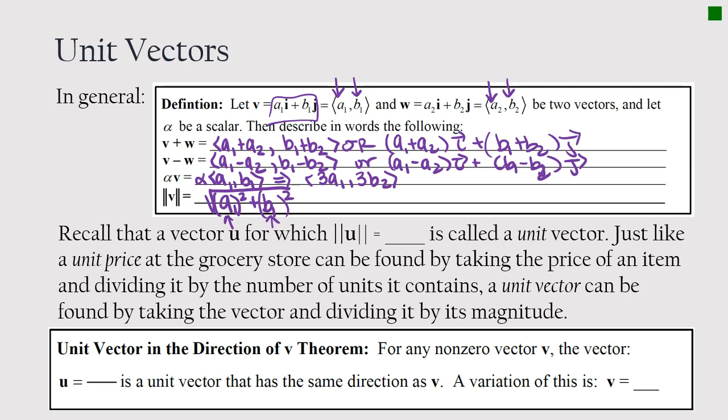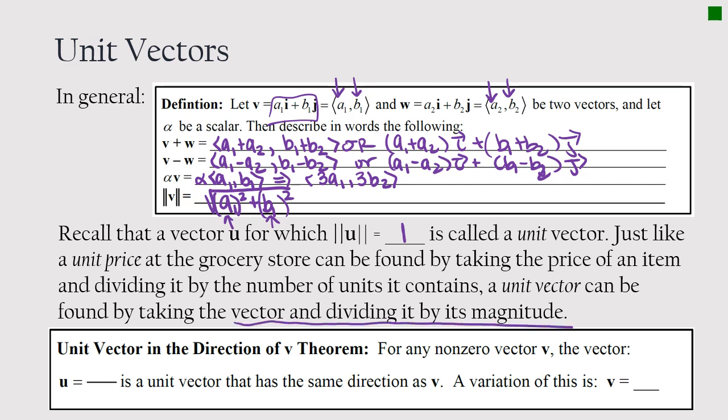So recall that a vector u for which the magnitude of u is 1 is called a unit vector. Just like a unit price at the grocery store can be found by taking the price of an item and dividing it by the number of units it contains, a unit vector is found by taking the vector and dividing it by its magnitude.